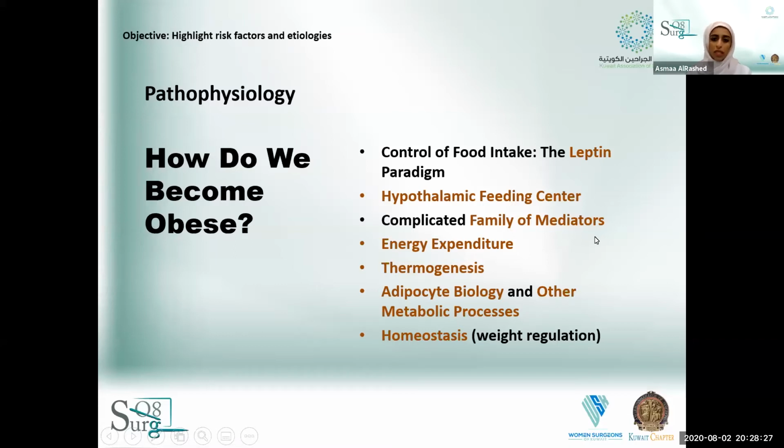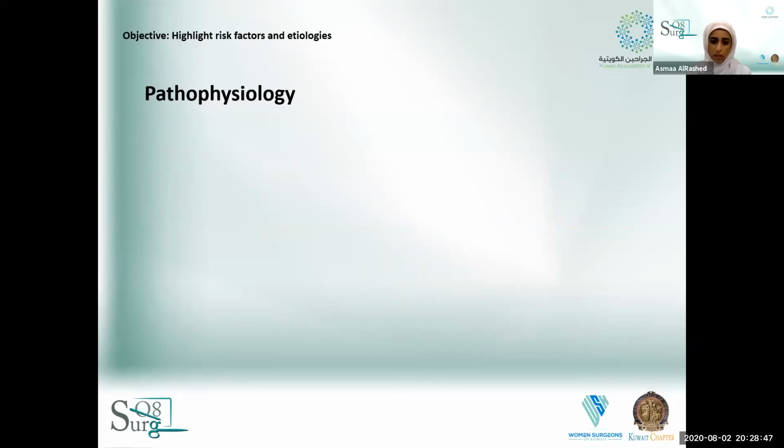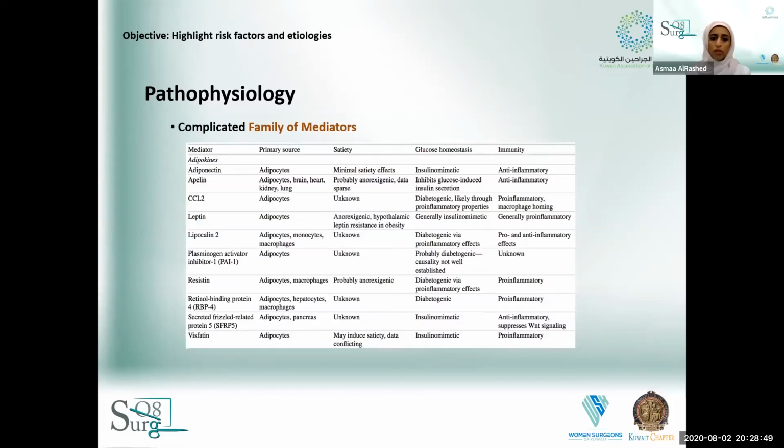We have the hypothalamic feeding center. There are calorie input and output, thermogenesis, fat cell biology, and then set points and regulation and homeostasis of weight. All these have been implicated in the pathology of obesity. So these are some of the family mediators.